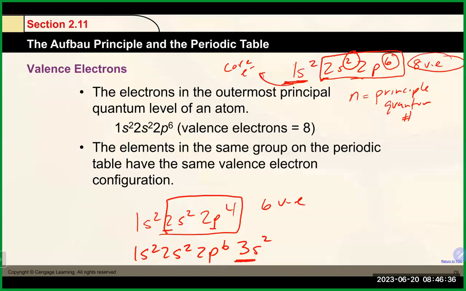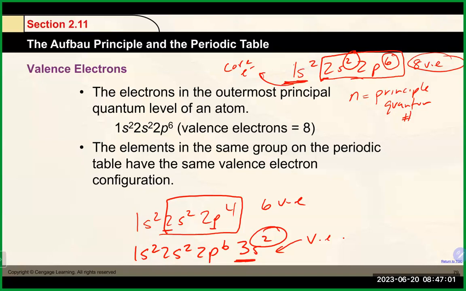Here, it would be the 3s2 that are the valence electrons, and that's number 12, which is magnesium on the periodic table, and it has 2 valence electrons. So one way you can figure out how many valence electrons there are is simply to write the electron configuration, and then whichever ones are the highest numbers would be your valence electrons.